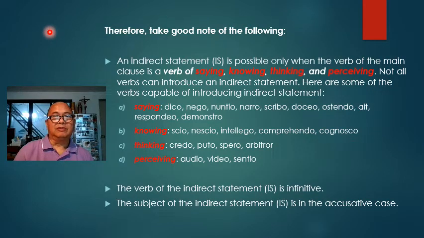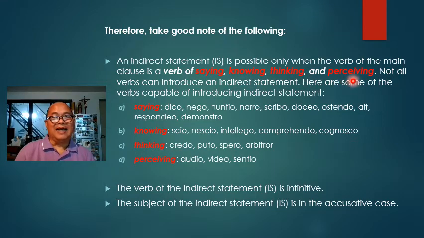Okay, to summarize what we have discussed, you have to take note. There are three things here that you should take note. First, an indirect statement is possible only when the verb of the main clause is a verb of saying, knowing, thinking, and perceiving.